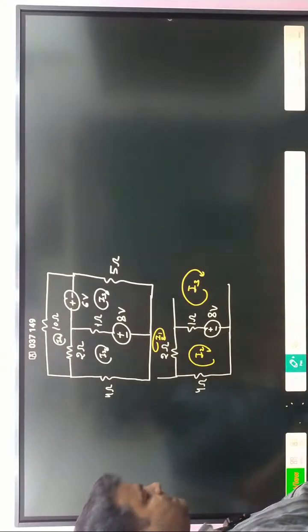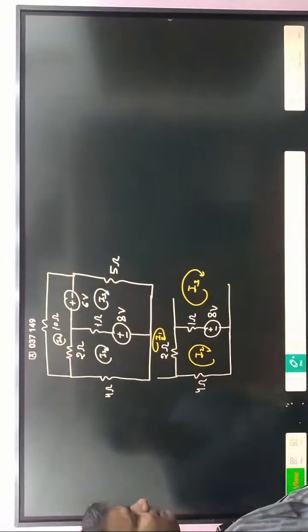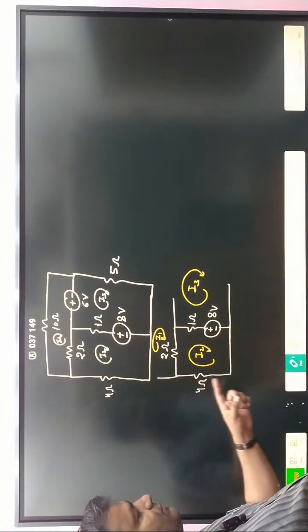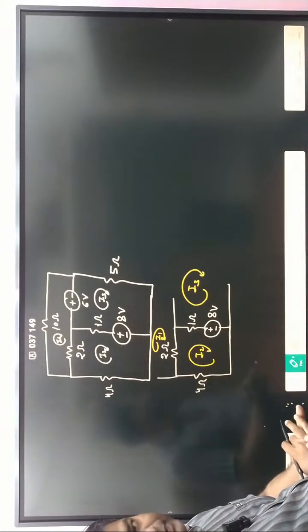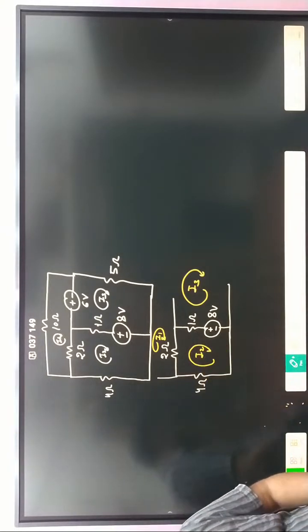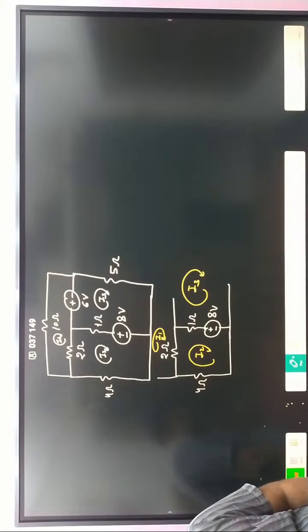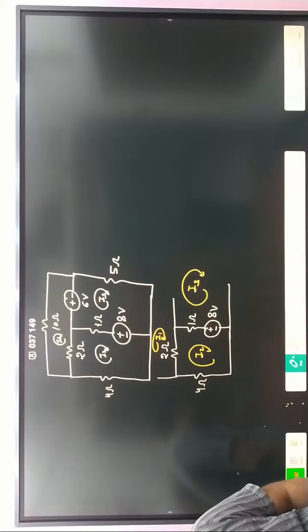So what about branch current in this loop? That is branch 1, that is branch 2, that is branch 3. We are focused on branch current, then you can apply KVL. Clear or not?